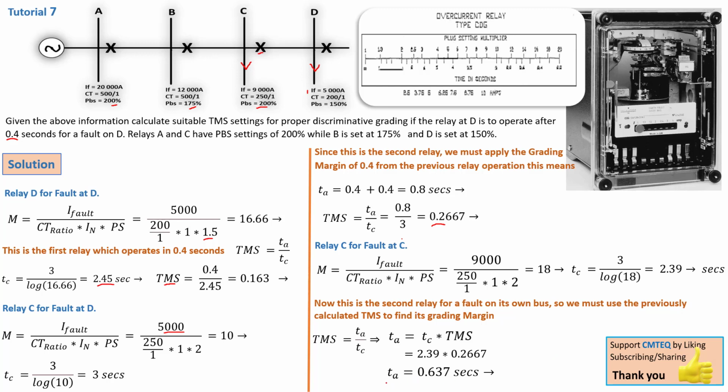Now you can see the difference here. Look at this TA, it's 0.63 seconds, and look at this one here, it's 0.8 seconds. So this TA is much bigger compared to this one, because this one needs to respond for a fault on D, and also the fault on D is much lower than the fault on C. But as soon as there is a fault on its own bus bar, this relay must trip at this time.